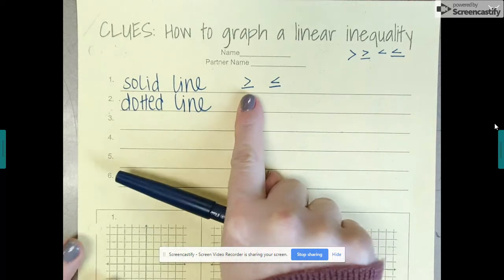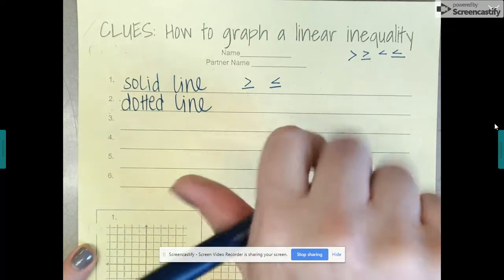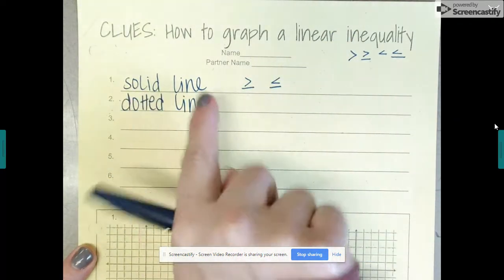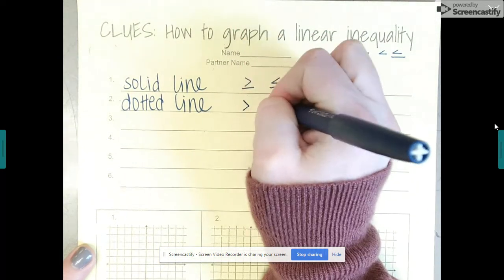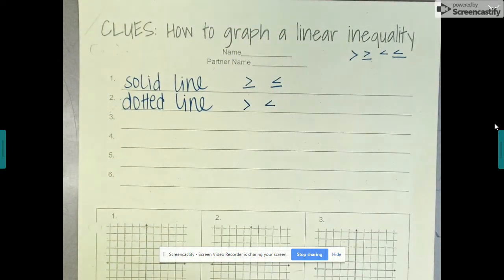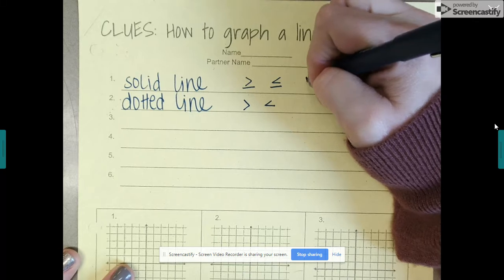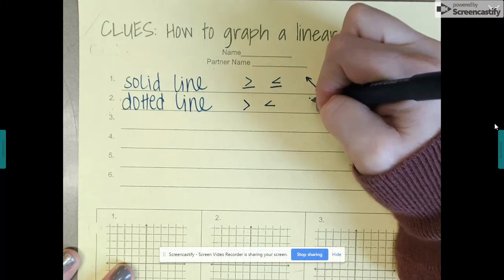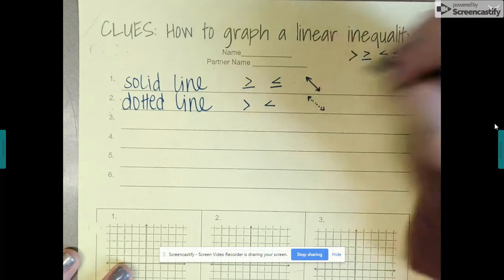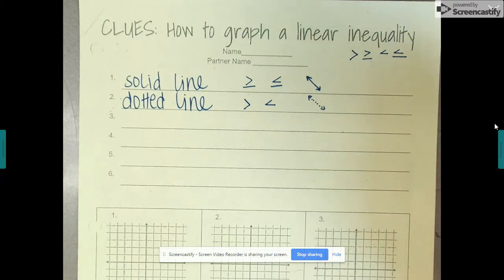So if it's a greater than or equal to problem, it's going to be a solid line. If it's a dotted line, it's going to be the greater than or less than. Okay, and what I'm talking about is if it's going to be like this or if it's going to be like this. And of course, positive, negative, undefined, or zero slope.